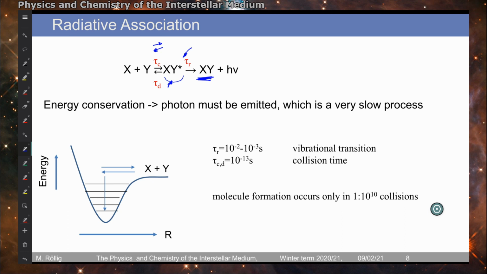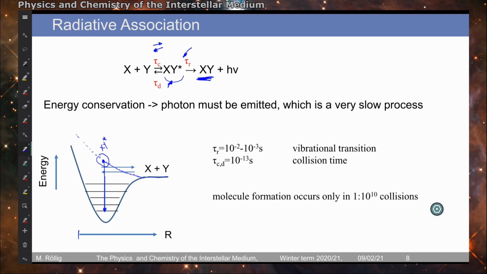The R here shows the distance between X and Y. When they approach each other, they are approaching something like a repulsive potential, and they form here this complex XY star. And if this complex is able to emit a photon fast enough, it will at this distance move to a lower energy level and remain bound.